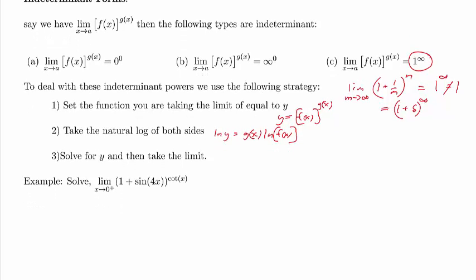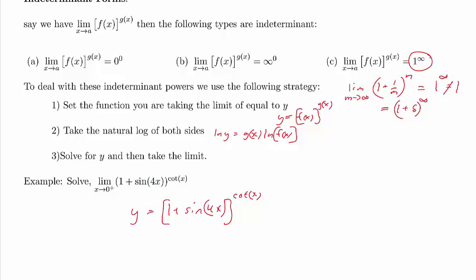So the first thing we do is we set this guy equal to y. So y equals 1 plus sine of 4x raised to the cotangent of x. And I should probably verify to you that this is an indeterminate form. If you plug in 0 right here, you're going to end up with sine of 0.